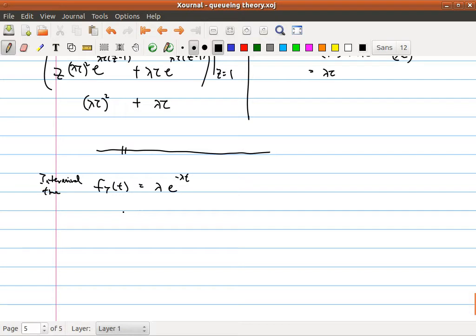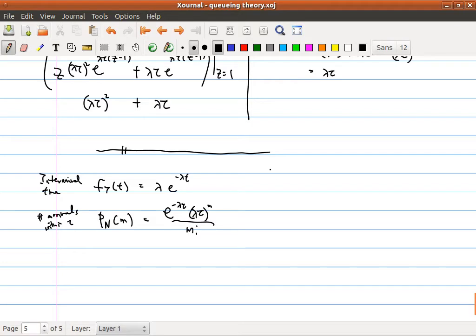And the distribution of the number of packets in the system, I should say the number of arrivals within tau, will be P_n(m), let's say, is just equal to e to the minus lambda tau, lambda tau to the m over m factorial.